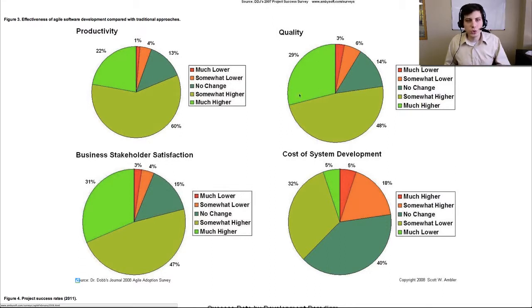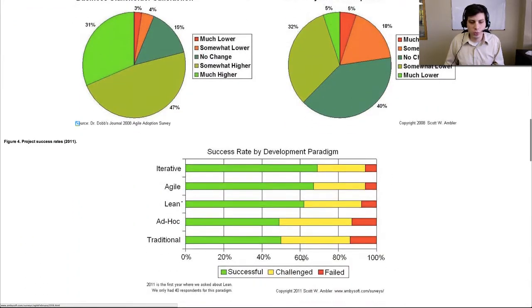So what we end up doing, and this is in relationship, so Agile software development compared with traditional approaches. And you notice that somewhat higher or much higher is the largest area of productivity, quality, business stakeholder satisfaction, and cost of the system development. So that's always important to note. Why are we doing this? Why is this important?